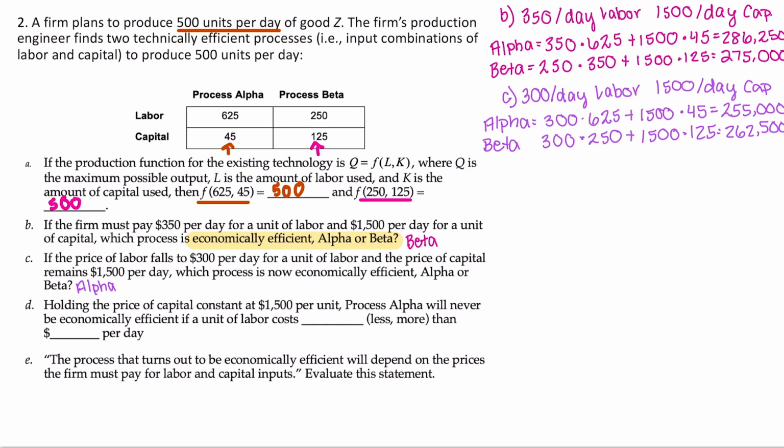Holding the price of capital constant, process alpha will never be economically efficient if... So we have to set this up. We're going to say that X is the price of labor, to make it equal.